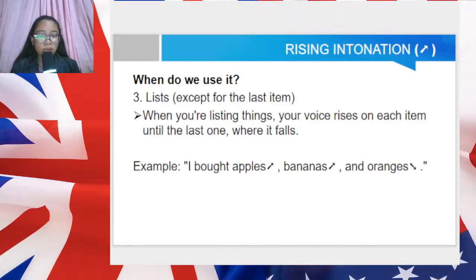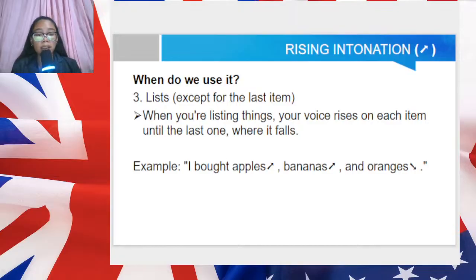So the upward trajectory of the pitch acts like an auditory comma, signaling that there's more to come, and maintaining the listener's engagement as they await the full scope of the list. This sustained upward movement keeps the conversational flow open, ensuring that the listener recognizes the enumeration is still in progress.